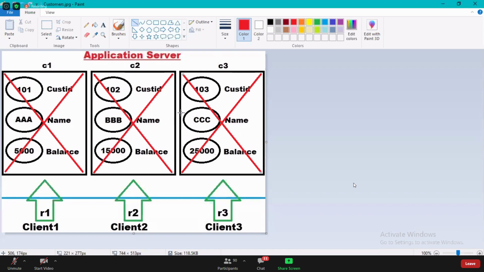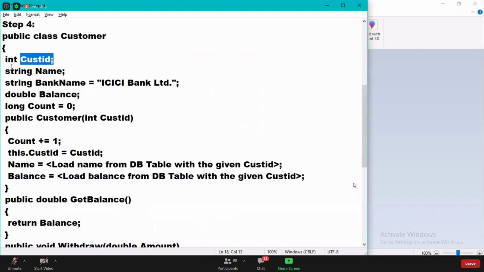Now, is customer ID modifiable? So perfectly, this should be a read-only. What about name, guys? Name also read-only.